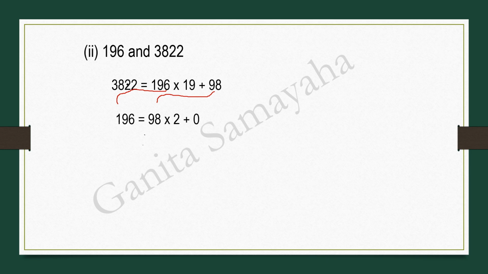So what do we get? 196 = 98 × 2 + 0. Now what is the remainder? Remainder is 0. So what is our HCF? The last divisor, that is 98. So the HCF of 196 and 3822 is 98.